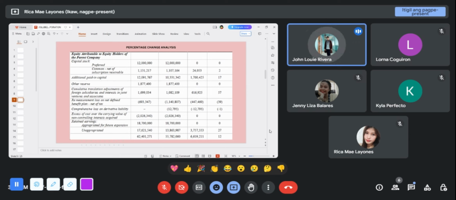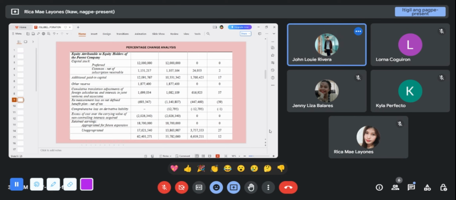Additional paid-in capital, amount 1,760,425, increased by 12. Other reserve, 0. Cumulative translation adjustment of foreign subsidiaries and interest in joint ventures and associate, amount 616,925, increased by 57.